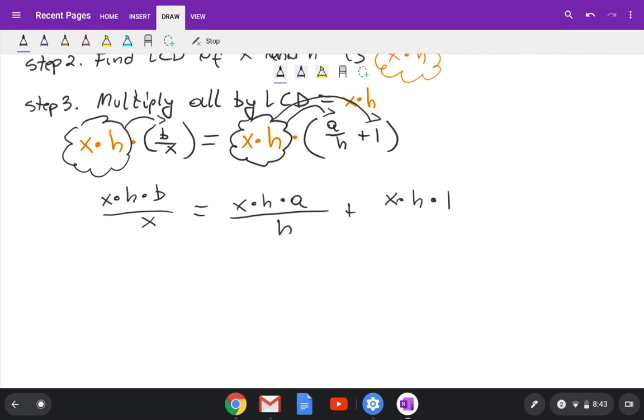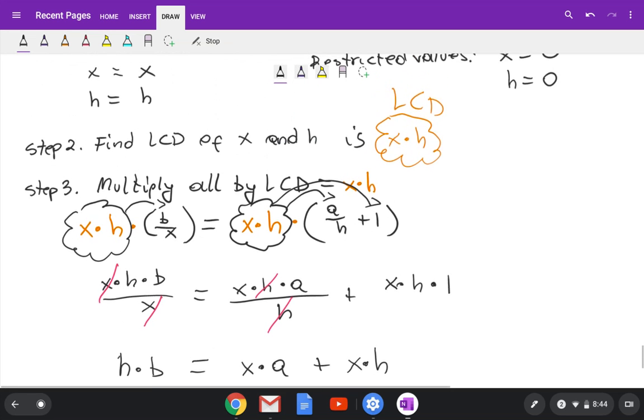So here x will cancel and we end up only with h times b equal, here h is going to cancel, so we end up with x times a plus xh times 1, which is just x times h.